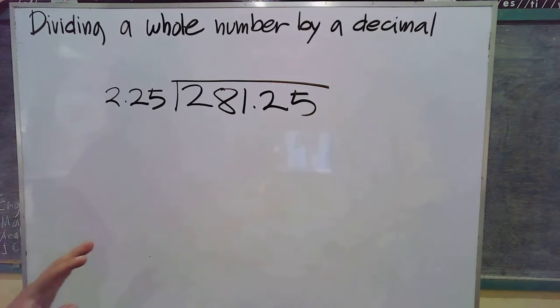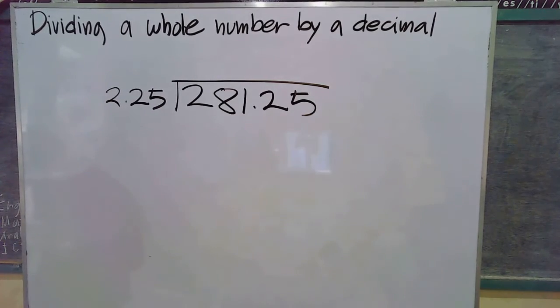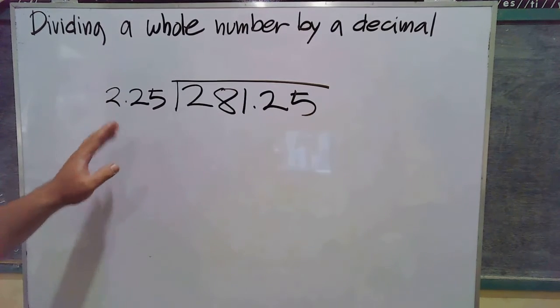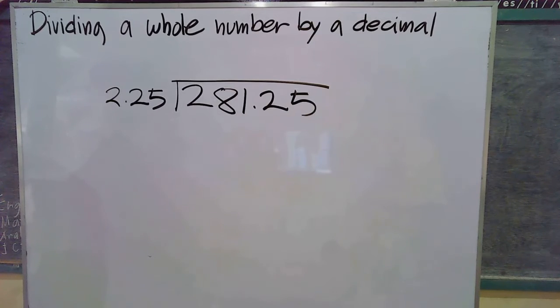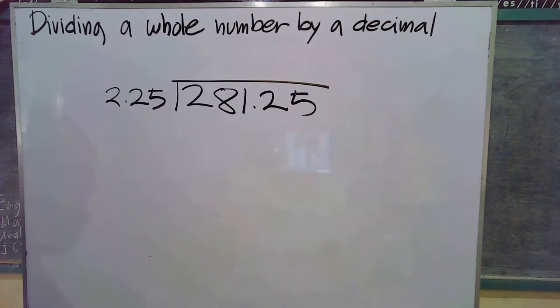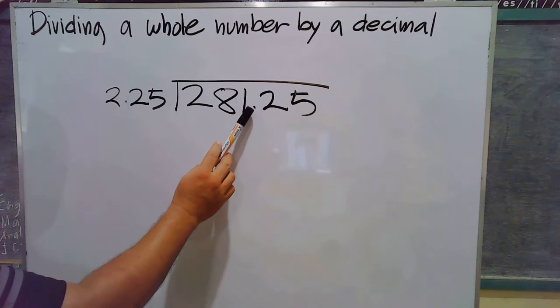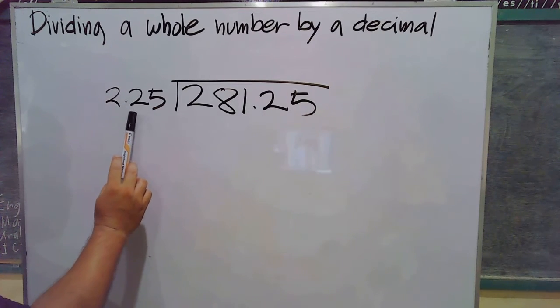How do we divide a decimal number by another decimal number? Simple. Just make this decimal number into a whole number. How? By transferring the decimal point to the rightmost, and transfer the decimal point of the dividend too, depending on the steps that we made here.